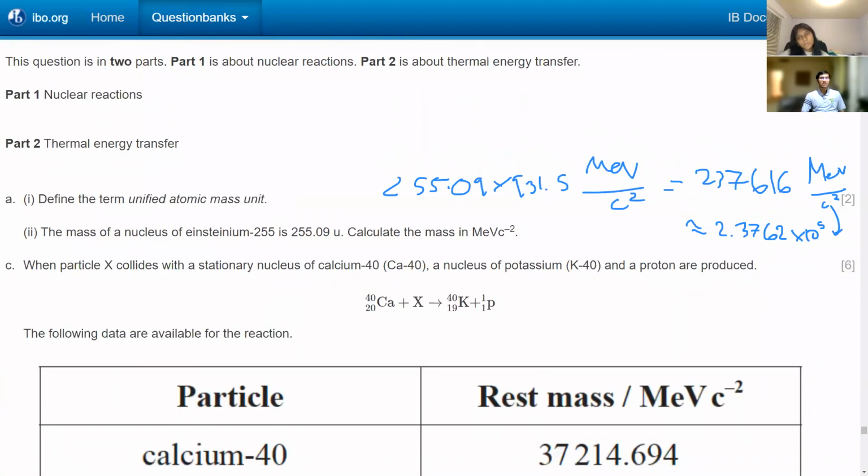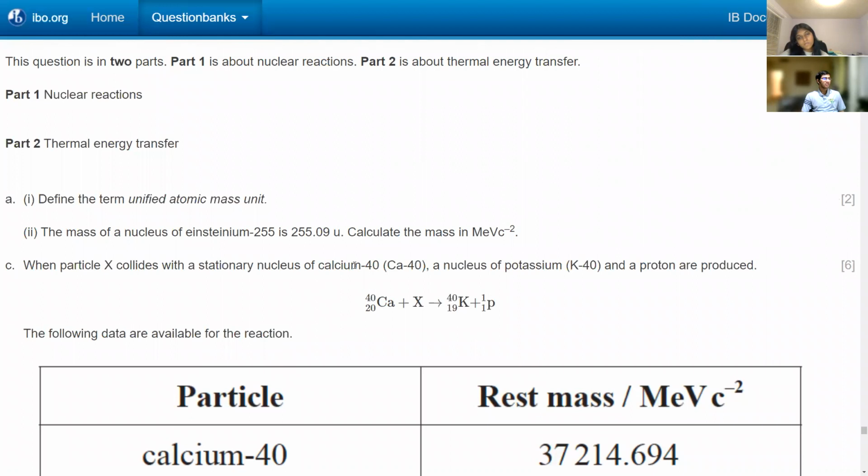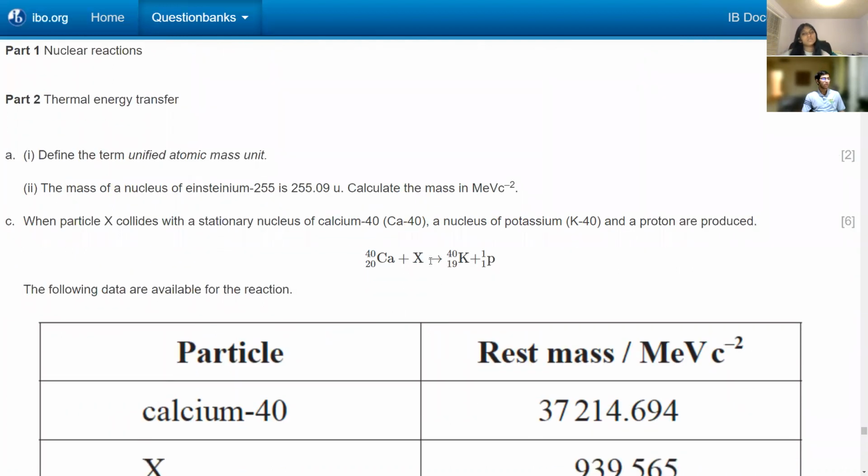Now, when particle X collides with a stationary nucleus of calcium-40, okay. Can we figure out what particle X is? I think that would be helpful. That's 19 plus 1. So it has zero mass. Beta? No, I don't know. That's one mass. Is that a proton?